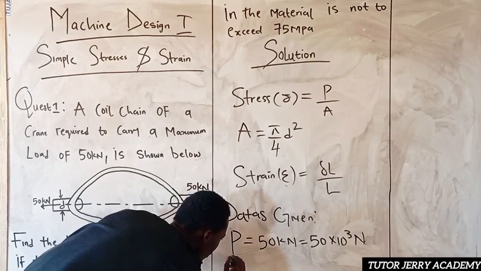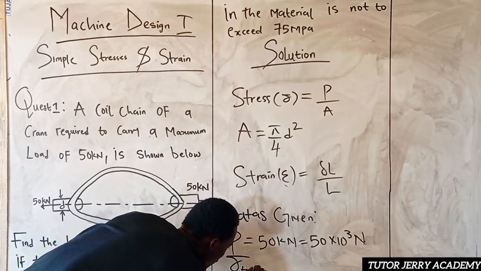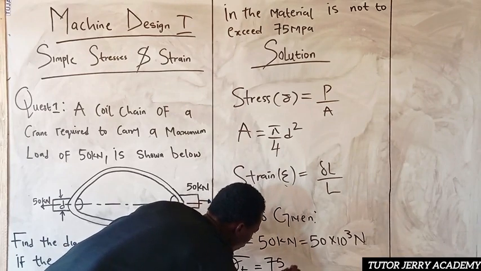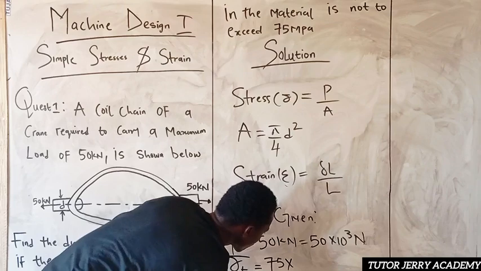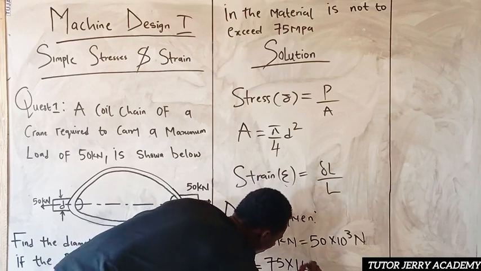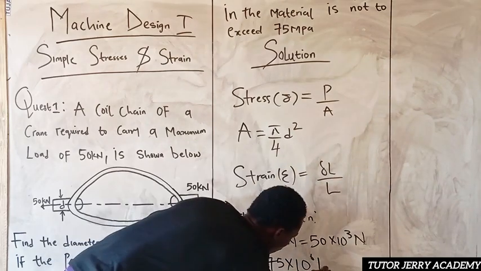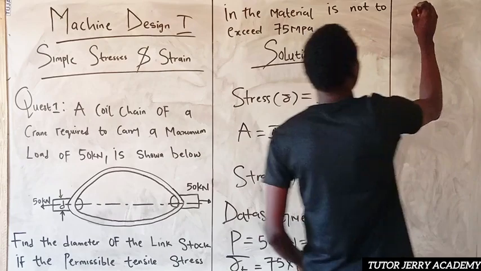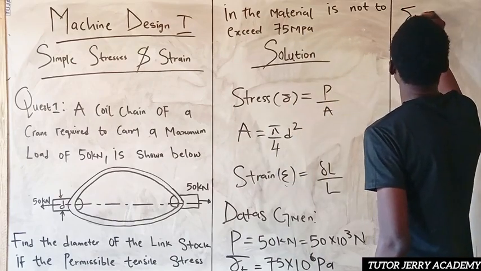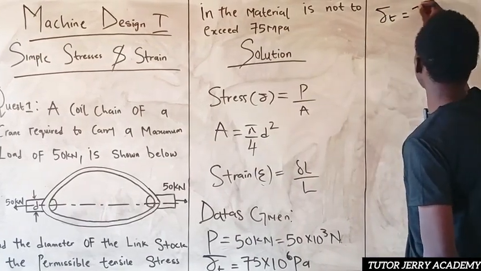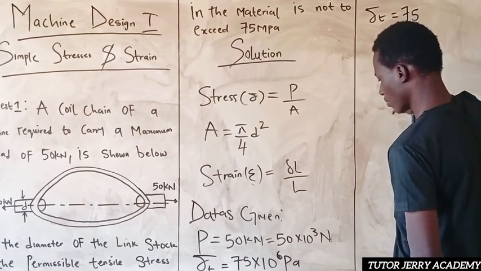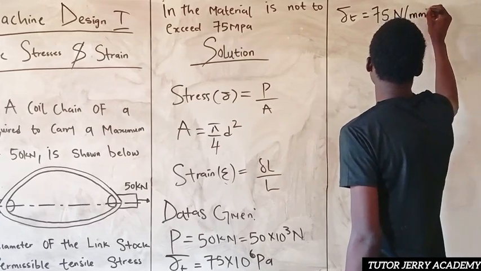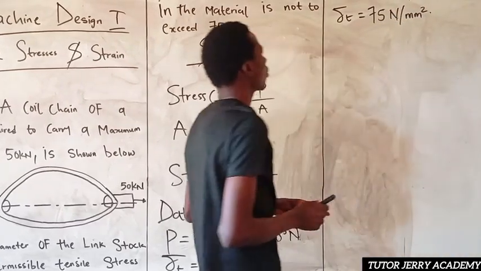So our stress, sigma subscript T, will be equal to 75 times 10 to the power of 6 pascal. Or we can express this, our sigma T will be equal to 75 newton per millimeter square. So this is what we have.